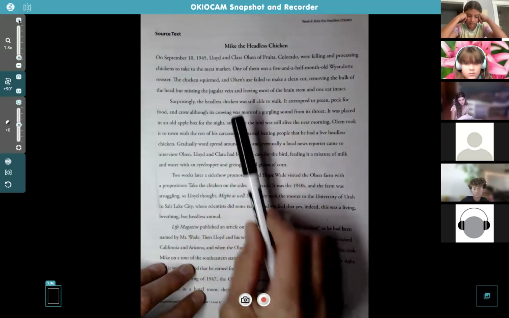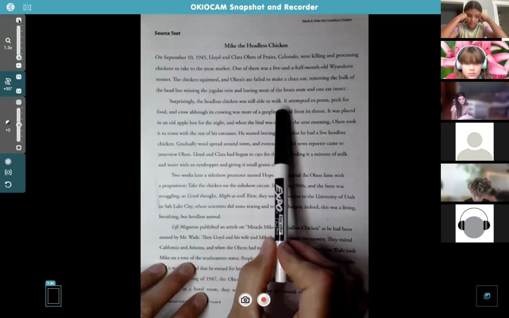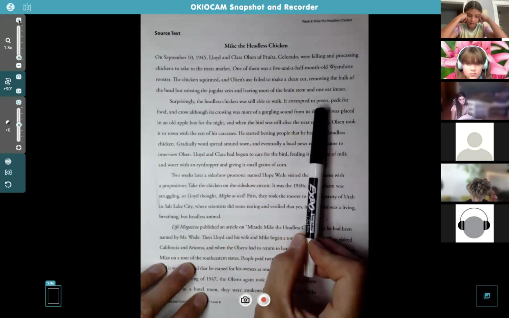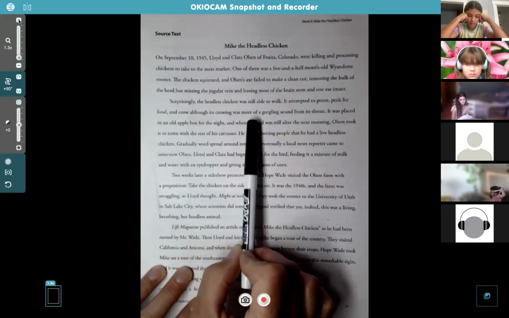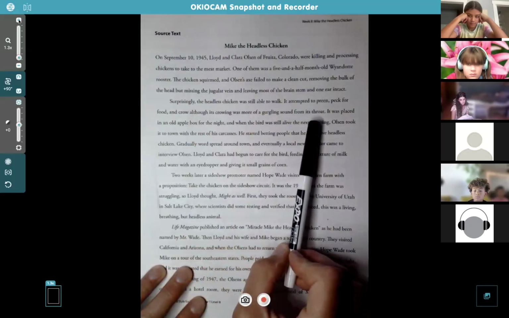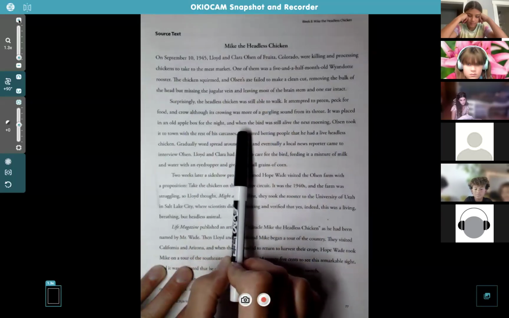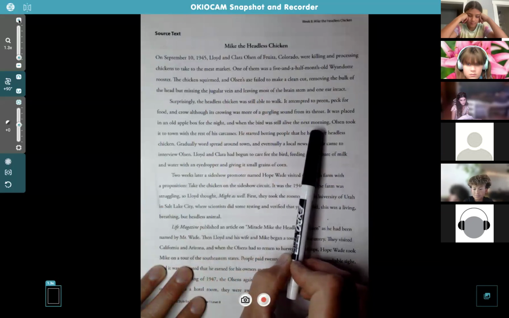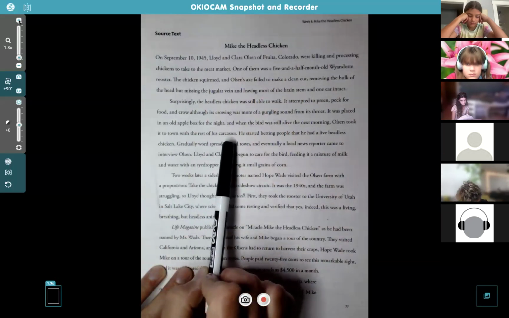All right. So basically, I'm going to read the next paragraph too. Surprisingly, the headless chicken was still able to walk. It attempted to preen, which means clean itself, pecked for food, and crow, although its crowing was more of a gurgling sound from its throat. It was placed in an old apple box for the night, and when the bird was still alive the next morning, Olson took it to town with the rest of his carcasses.